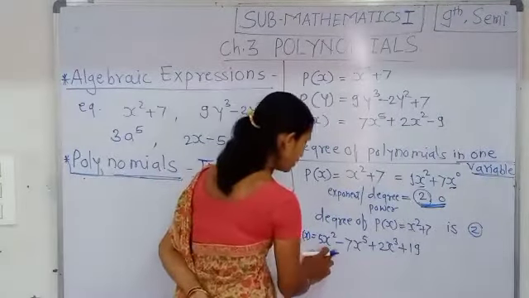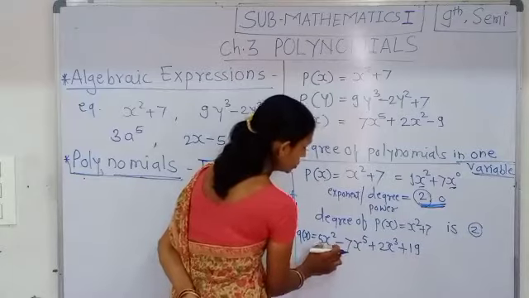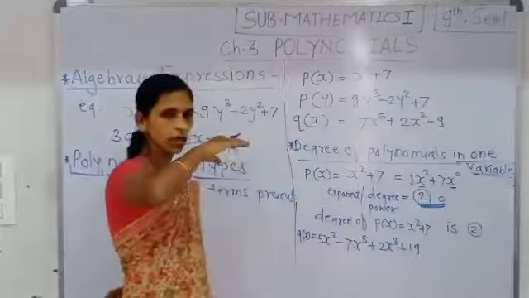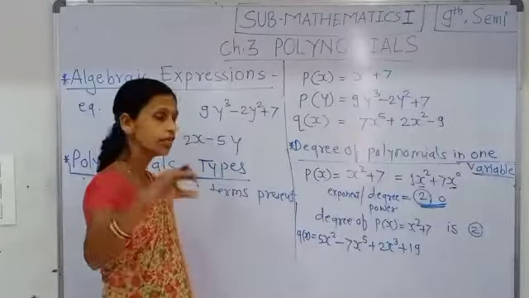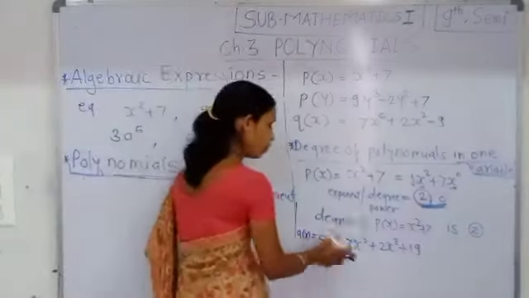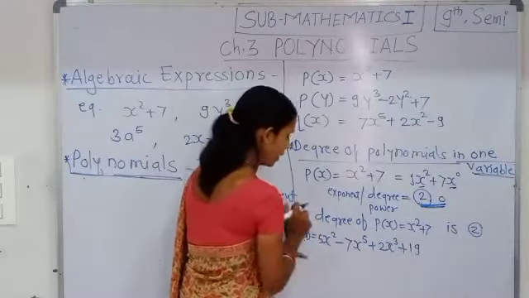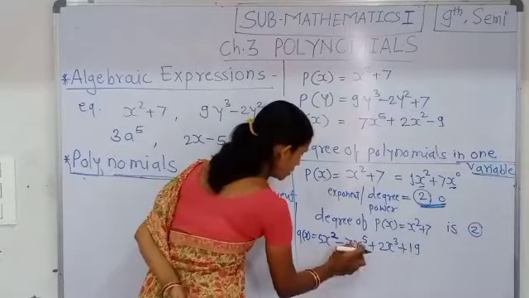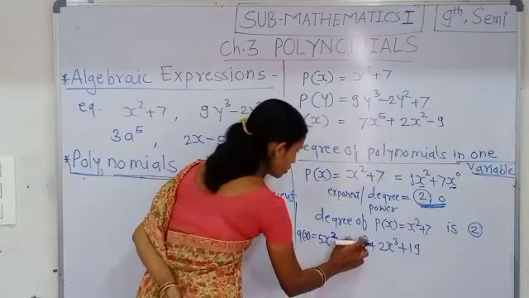Therefore, we have to write the terms of the polynomial in ascending or descending order of the degrees of the variable. The highest degree of the x variable is x raised to 5.